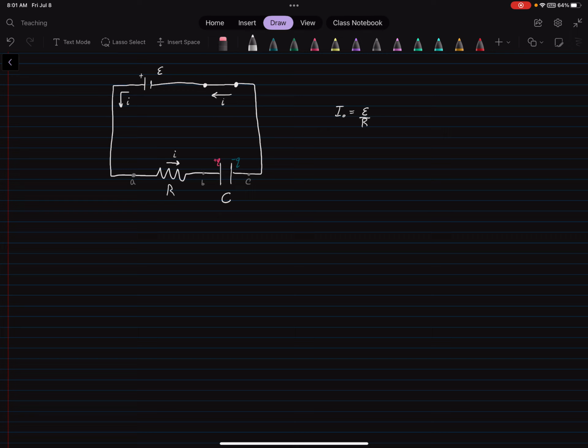But notice that as these charges build up, as they do on the capacitor, right, you have this interesting situation where the capacitor, as it charges over time, it actually begins to resist, resist is probably not the right word to use. It begins to repel new positive charges moving down the hill, down the circuit, towards itself, right?